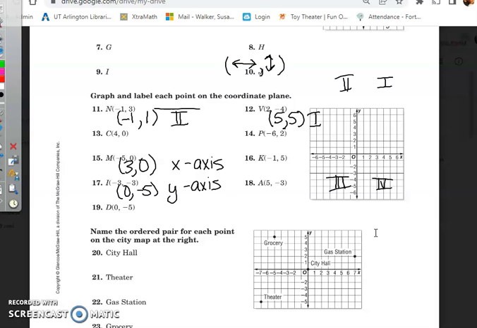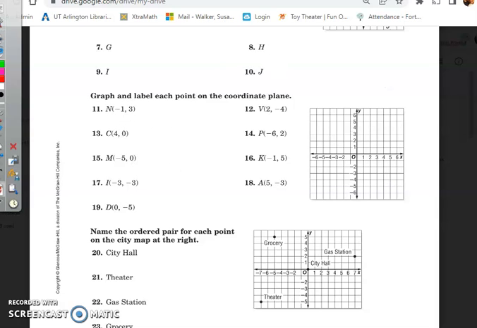Now, number 11. We're going to graph these and label it. Graph and label. So what I do is I put the little point and then I'll put the letter up to the kind of the top right hand of it. So remember, our first one tells us this way or this way. Our second one tells us up or down.